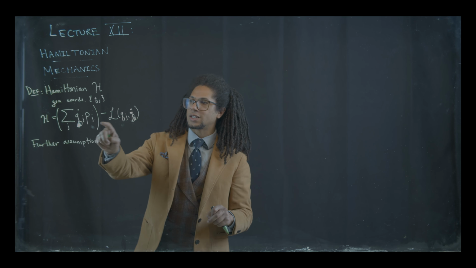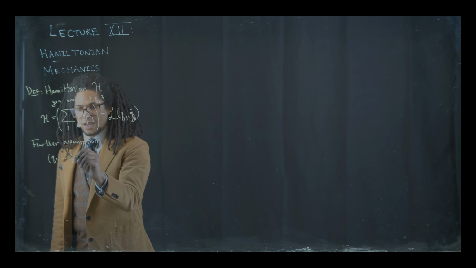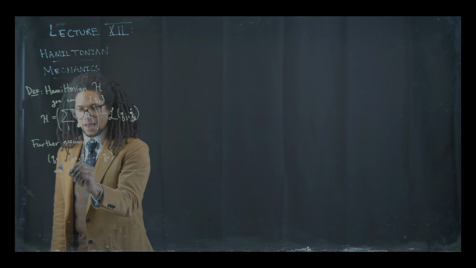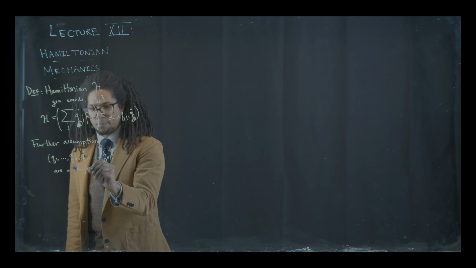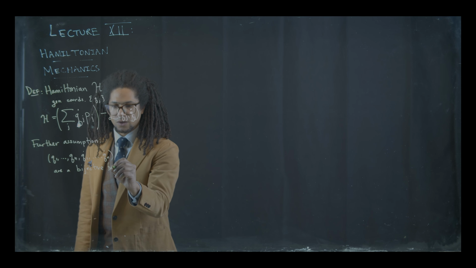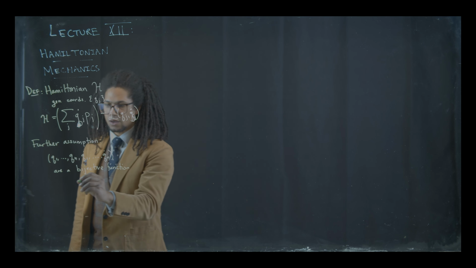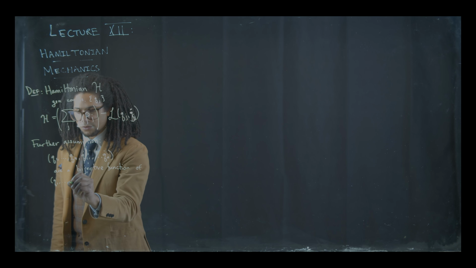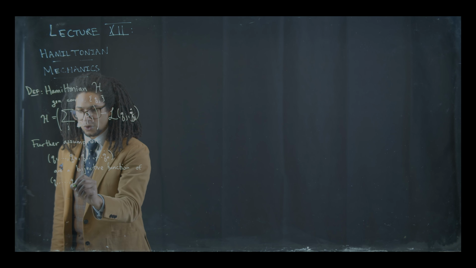So the way that I'm going to write this is that q1 through qn and q1 dot through qn dot are a, and I'll use a math term here, a bijective function of q1 through qn and p1 through pn.